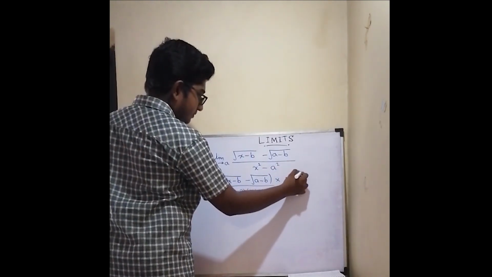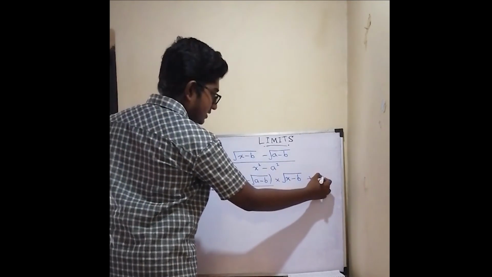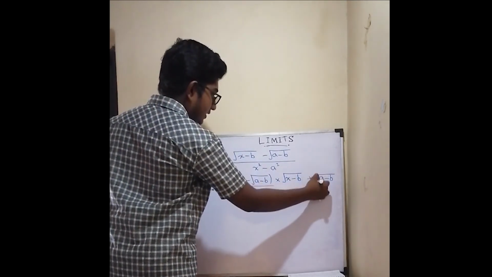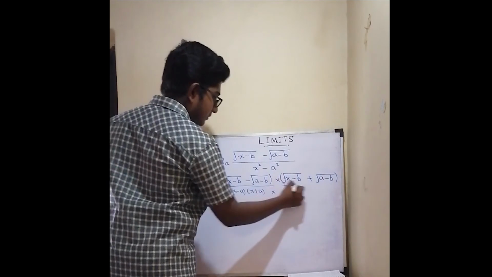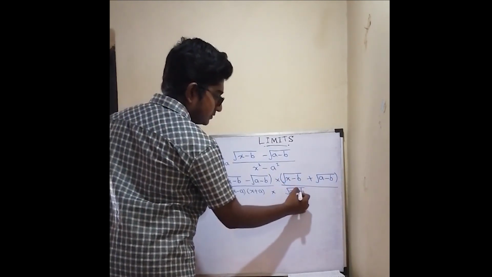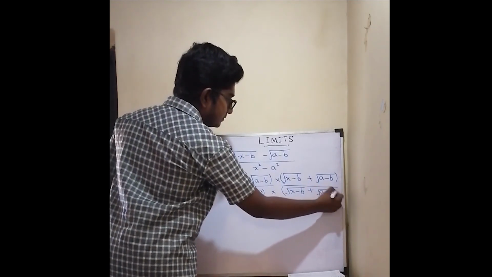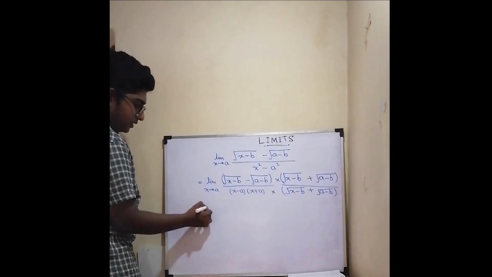Write the same term, put the opposite operation, plus, and write the second term, the same term. And you have to multiply this part in the denominator as well.